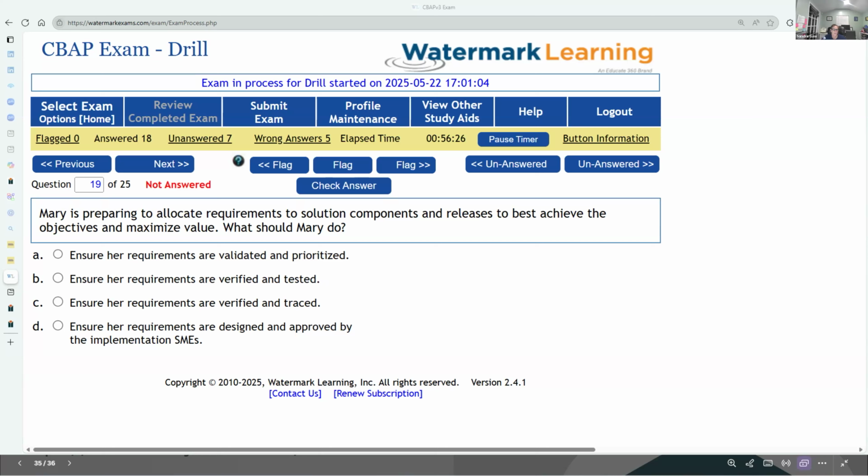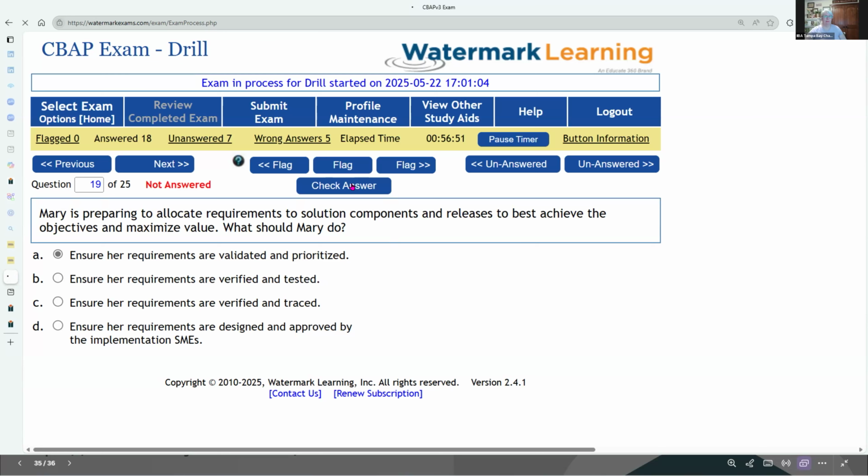I think it's C. I would think the requirements were verified and traced? Yes. I agree. Maybe A. If we are talking about maximizing value, validated and prioritized. Yeah, makes sense.